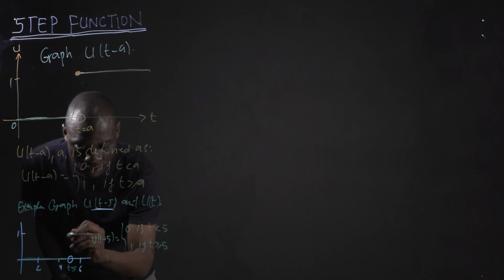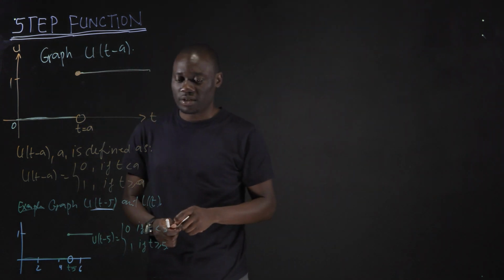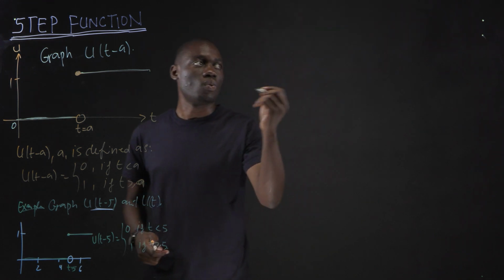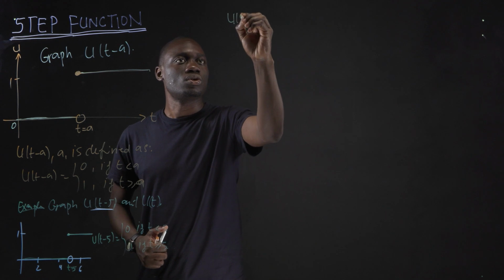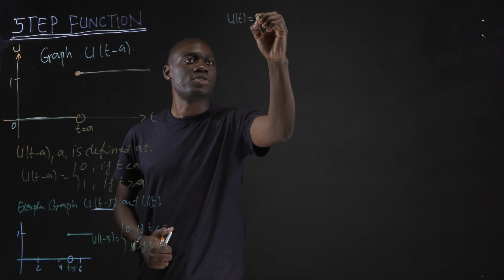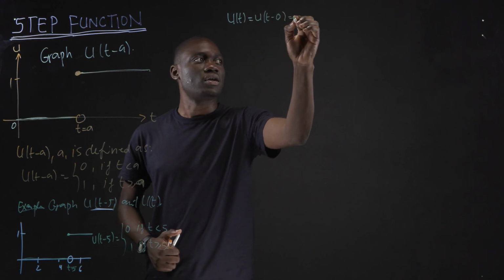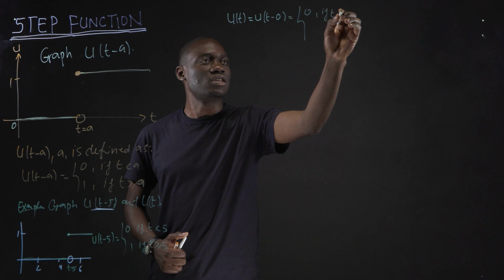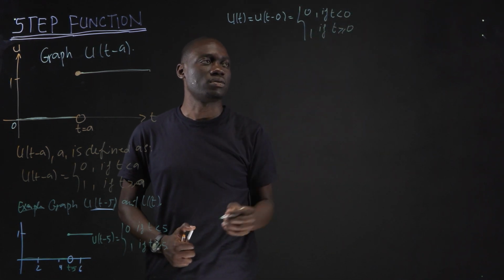So this is 1. Now, if I have to graph the second unit step function u(t), what happens is that u(t) can also be written as u(t minus 0), right, equals to 0 if t is less than 0, and 1 if t is superior or equal to 0.